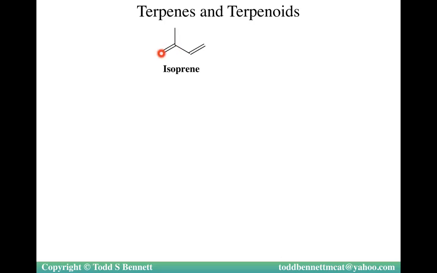Most of our synthesis started from, as I mentioned before, a 5-carbon species known as isoprene, 1, 2, 3, 4, with a methyl group. So I'm just going to number this for reference in the future, 1, 2, 3, 4, and then a methyl coming off of 2.